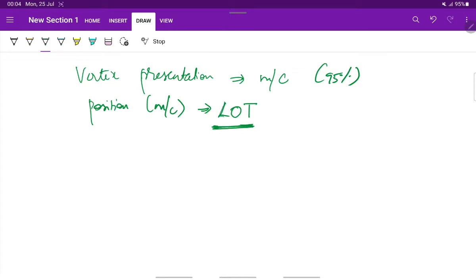That is, in the skull, the occiput lies towards the left side in the transverse plane. So left occipital transverse is the most common position by which the fetal skull enters the pelvis.